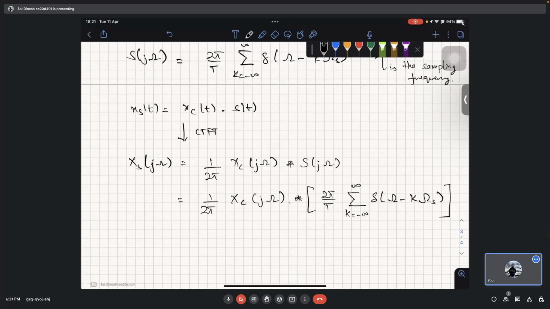Okay, so again we know, using the concepts we have discussed earlier, that convolution with an impulse signal is simply the time shifted version of that signal, right?